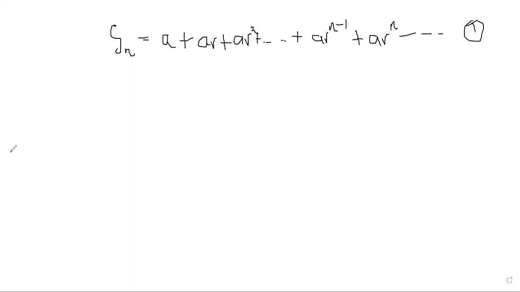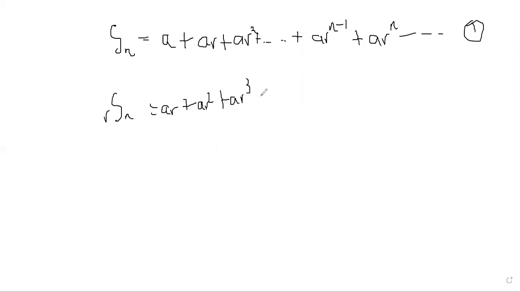To obtain equation 2, you multiply equation 1 by r, so you multiply everything by r. This will be r times Sn, this will be ar, this one will be ar squared, this one ar cubed, and we keep on multiplying everything by r.